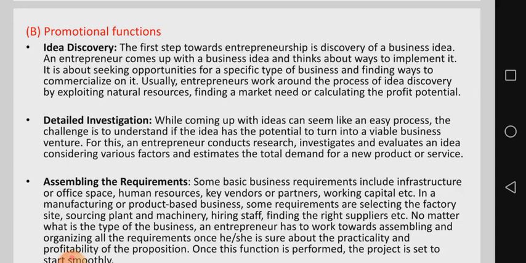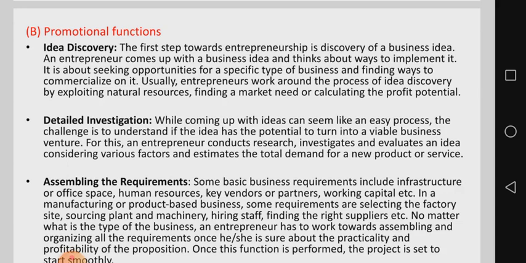While coming up with ideas can seem like an easy process, the challenge is to understand whether the idea has the potential to turn into a viable business venture. So if you get some ideas to run your business, then you will investigate whether those ideas can work for you or not.